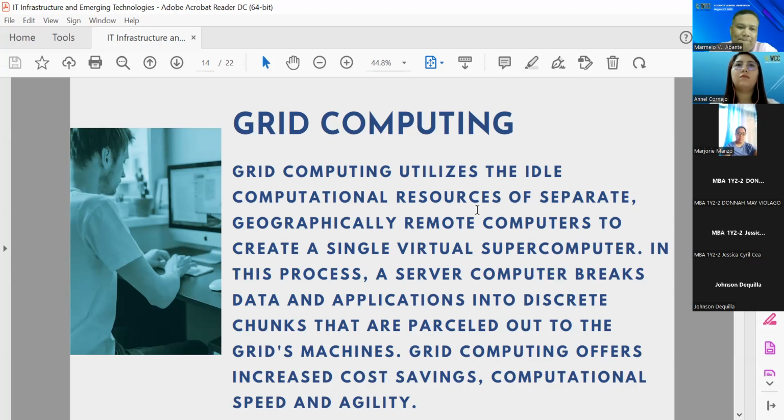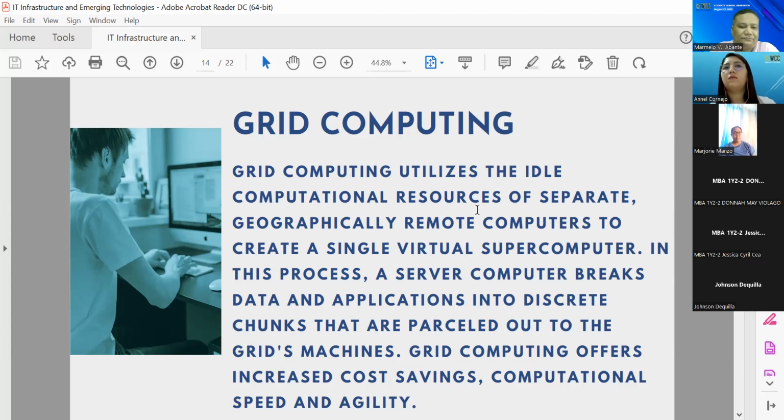So classmates, what this means is that there are computers that are geographically remote, different from each other, but they are put together, and they are combined to create a single virtual supercomputer.